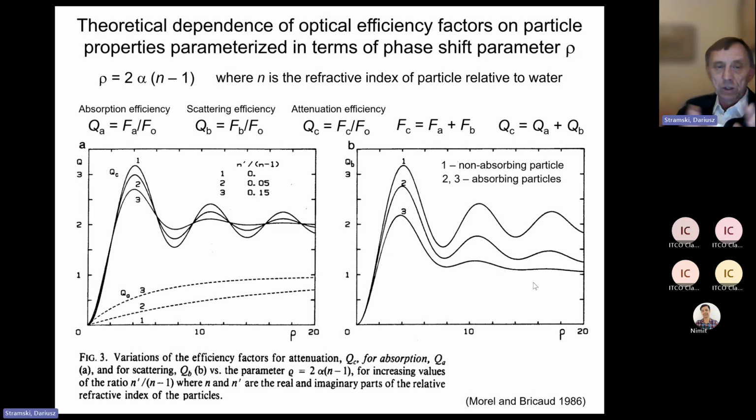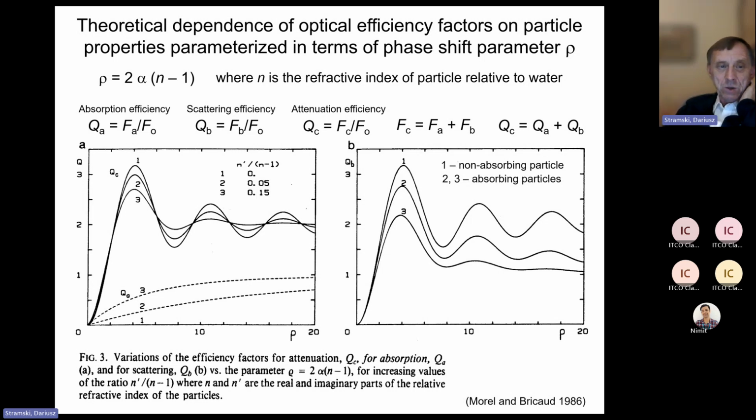So I hope this is clear. It can get complicated if you think about the combination of different characteristics of particles, but these are very powerful theoretical concepts that allow us to interpret our measurements of absorption and scattering properties of different types of particles, different species of phytoplankton, other biological particles, mineral particles, and so on.